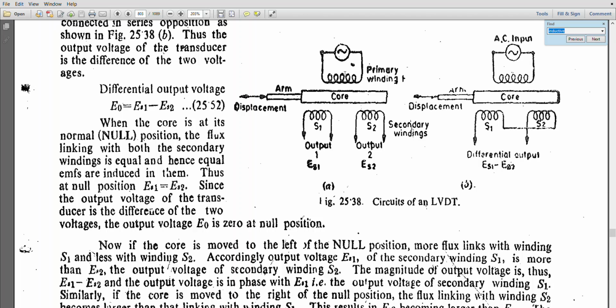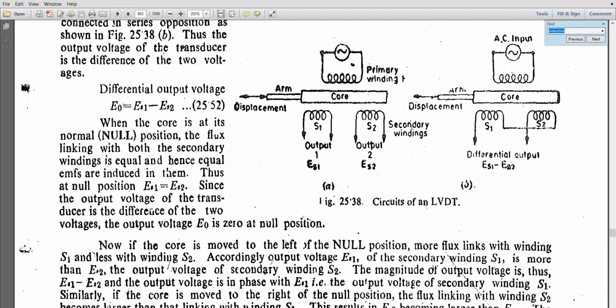When the current flowing in the coil changes, there is a change in the flux lines producing it, and it induces an EMF in S1 and S2, which can be seen as ES1 and ES2.